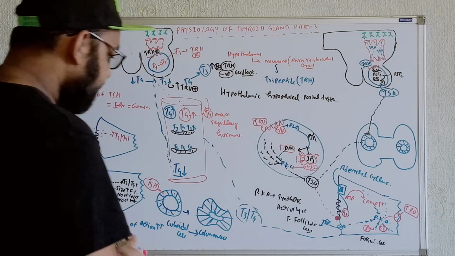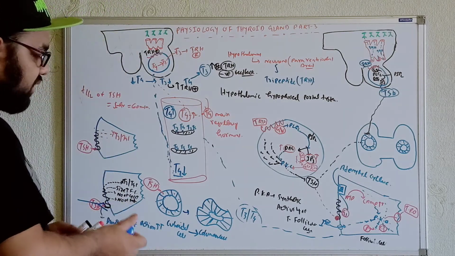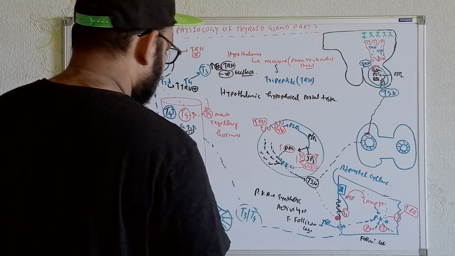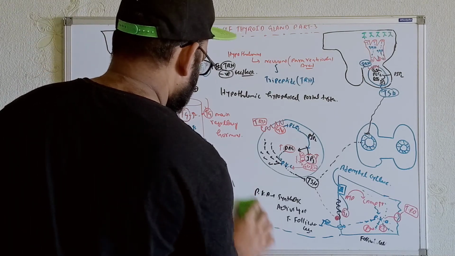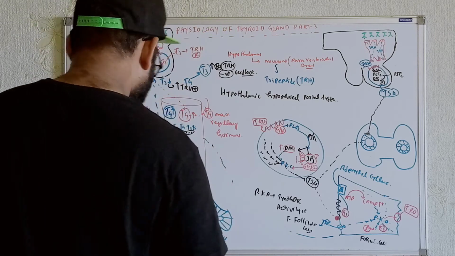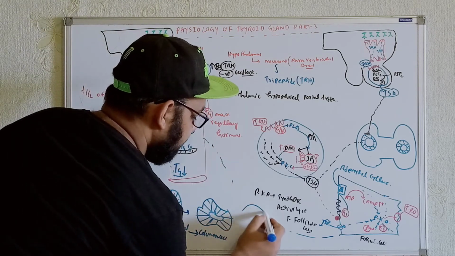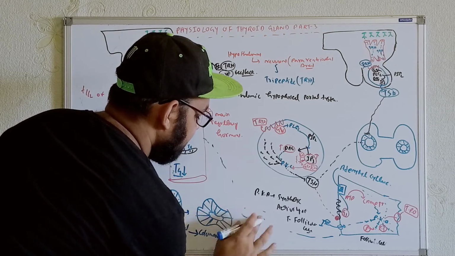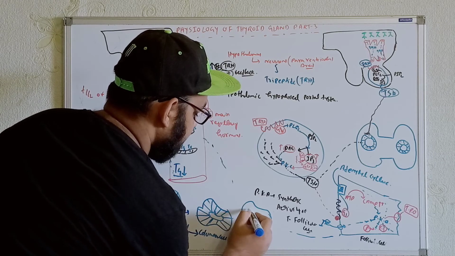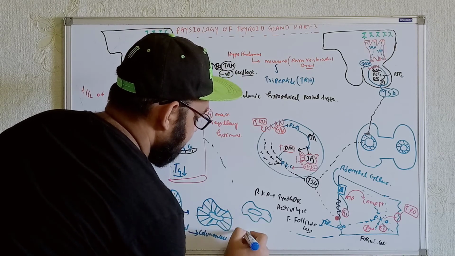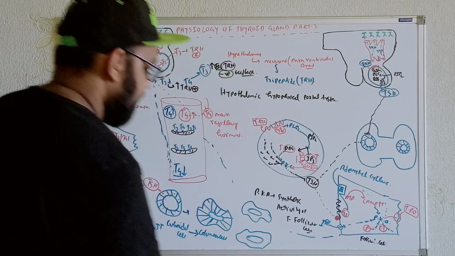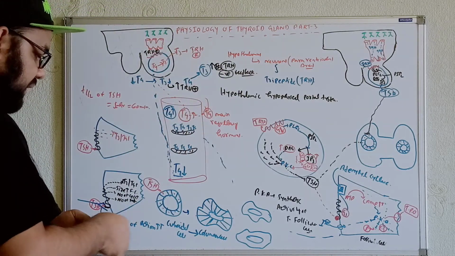Now, another thing we can get, as I said, is that the number of the follicles can also be increased. Number of follicles increased means we will get more follicles within the follicular cells. For example, let's draw it over here. Now, in this case, we can get the number of follicles.